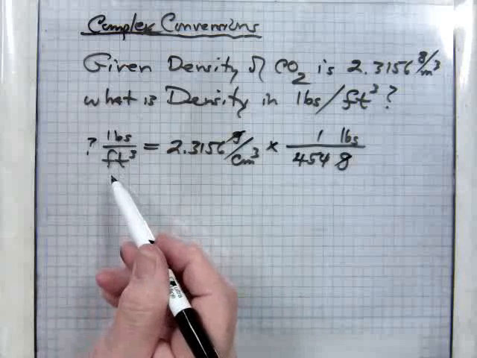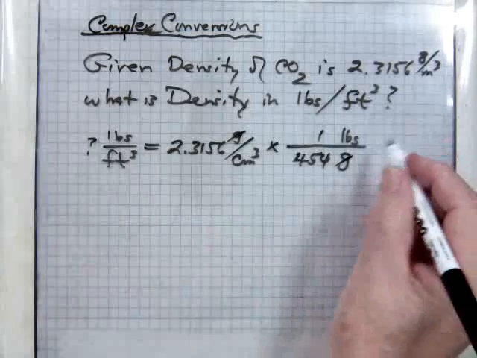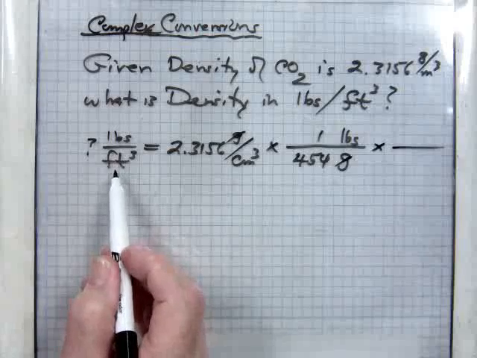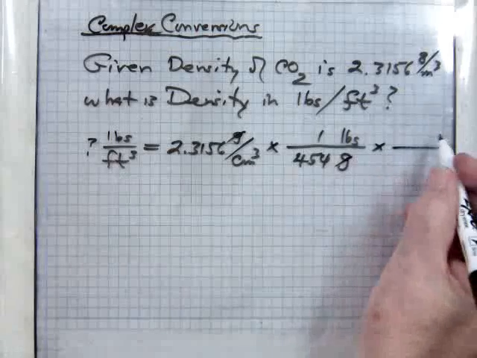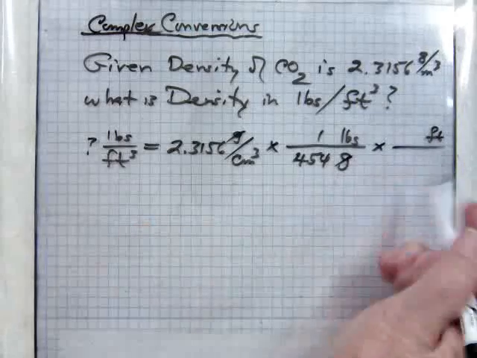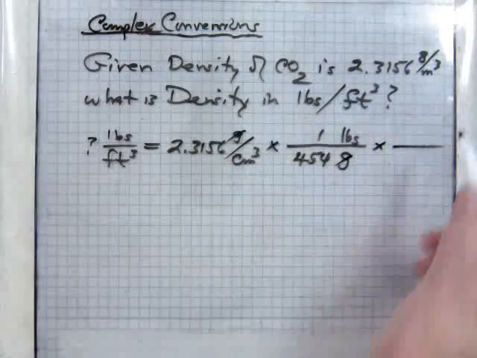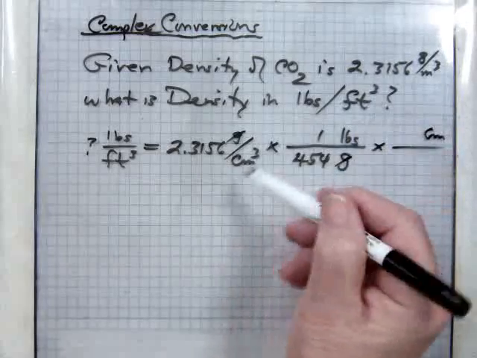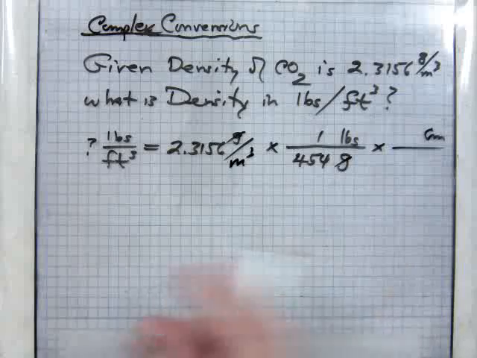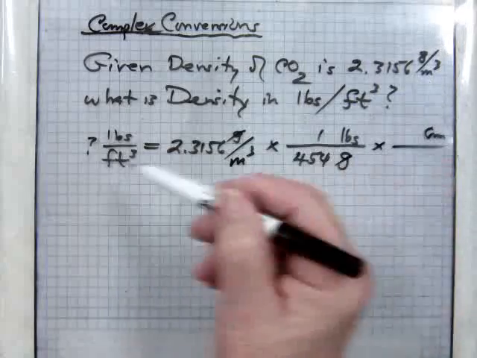Now, going to feet, now we start a new set of conversion factors. But notice it's on the denominator side. So to get rid of the feet, we put it as a numerator now, like that. Okay, so we have centimeters going to feet.